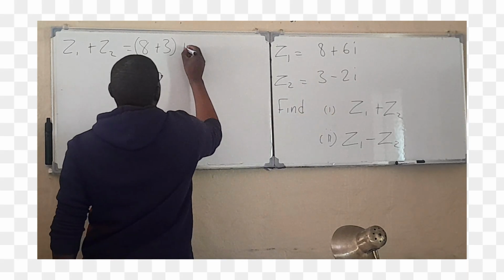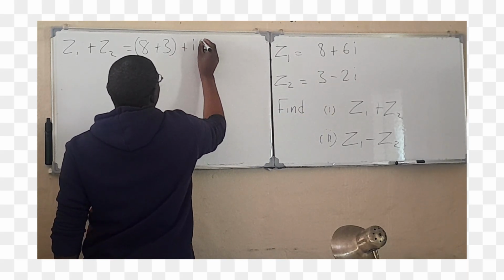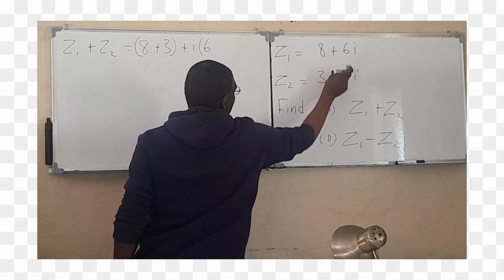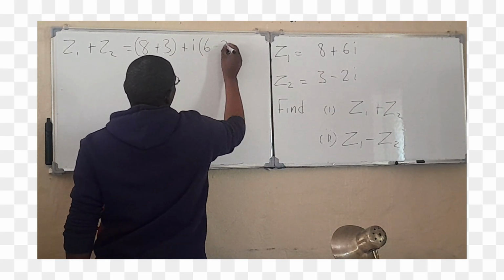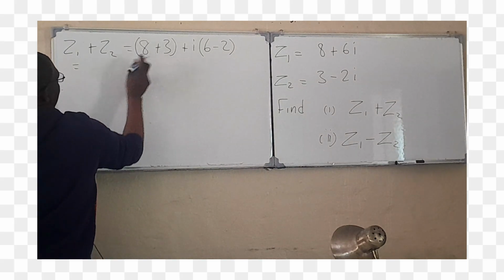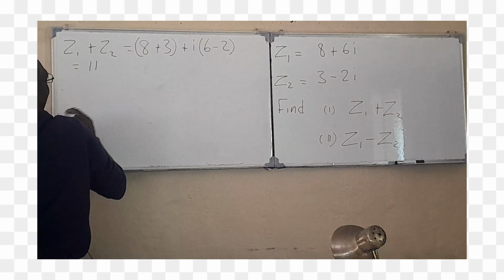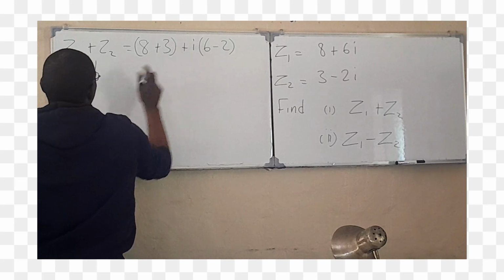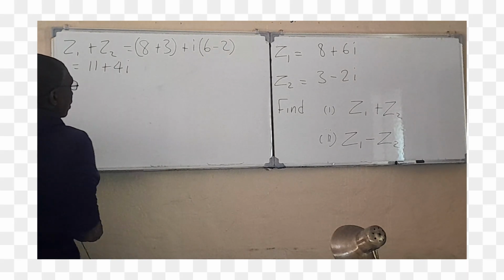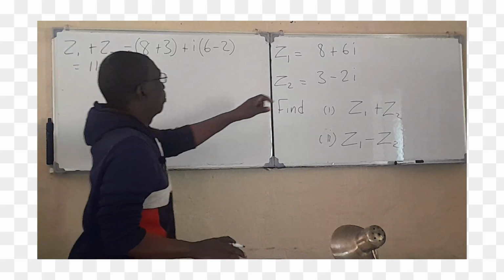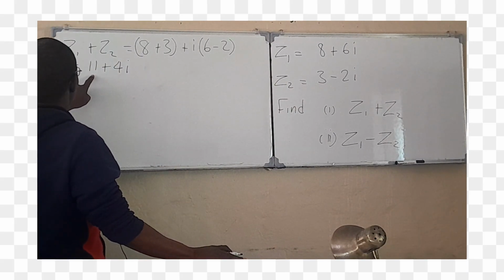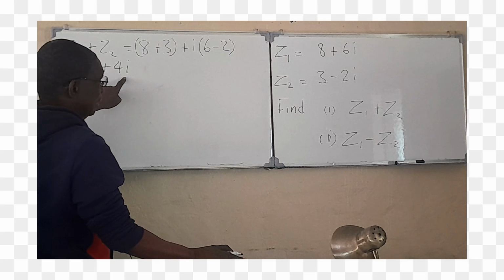So we are going to add, let's put our i outside, 6 plus minus 2, which is 6 minus 2. Simplifying, 8 plus 3 is 11, and 6 minus 2 is 4i. So Z1 plus Z2 is equal to 11 plus 4i.